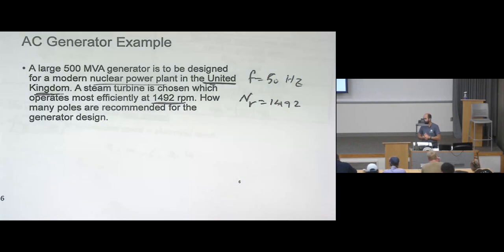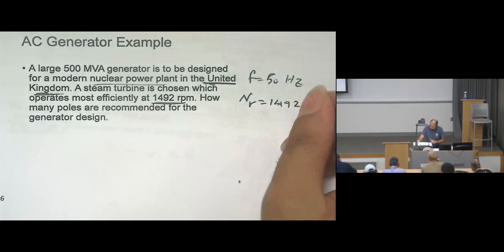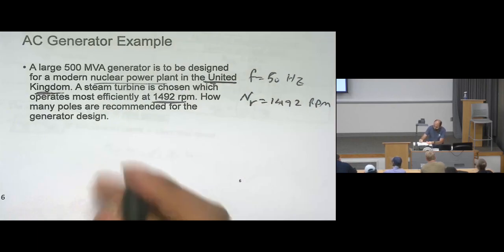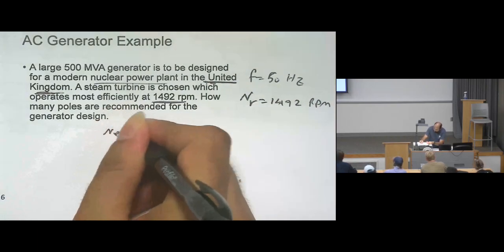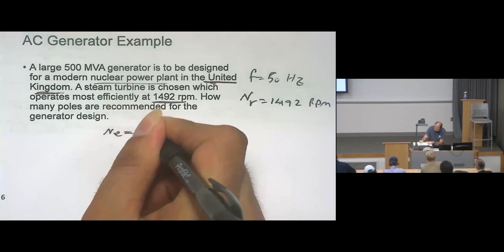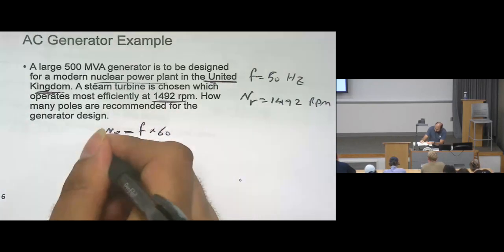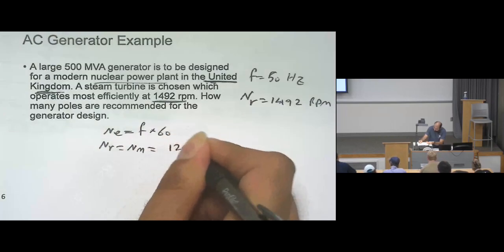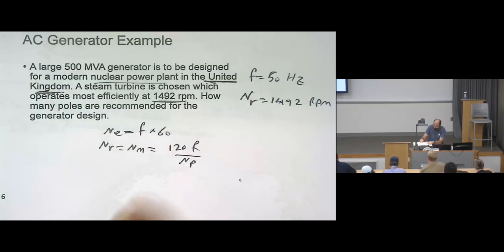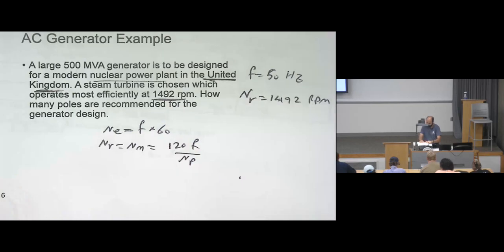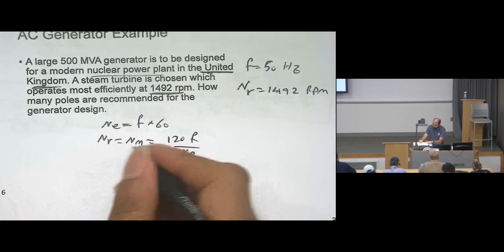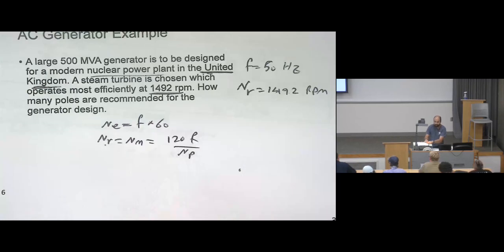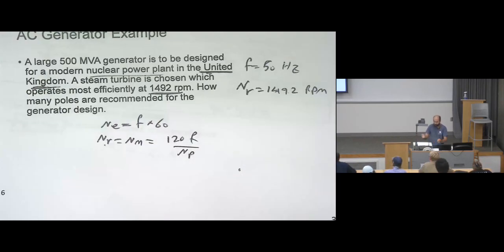We need to find the number of poles. Let's think about the formulas. We know that the electrical speed equals frequency times 60. And we know the rotor speed, which is the same as the mechanical speed, equals 120 F over number of poles. Right? Do we know NR? Yes. Do we know F? Yes. What's the only unknown? Number of poles.